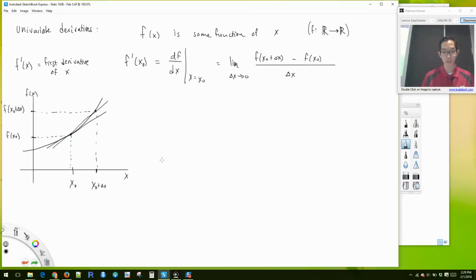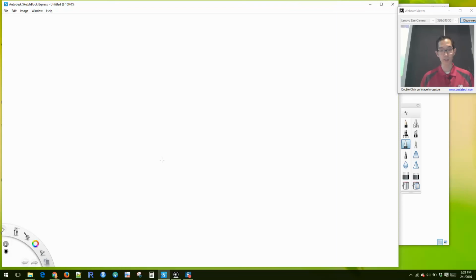All right, the multivariate case. Now we're going to deal with vectors. So instead of single values of x, we've got a vector, and this is called the gradient. The gradient is the derivative with respect to a vector.